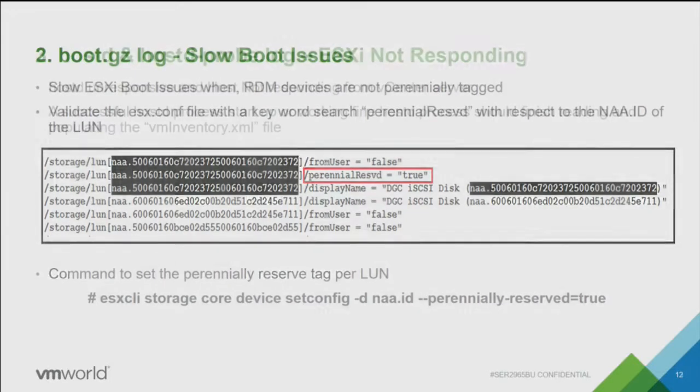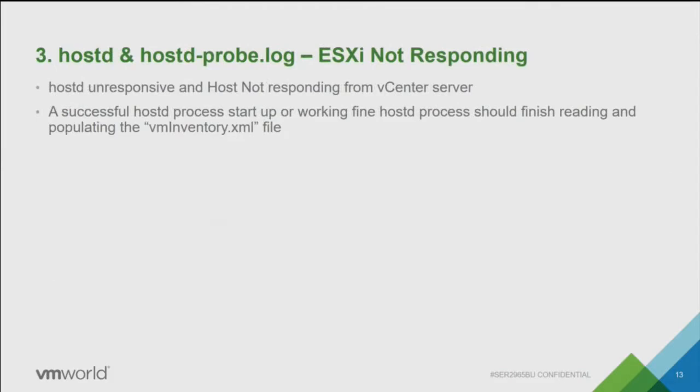So let's move on with the next issue. Let's say the host came up and the host is now not responding in your vCenter. So how do we even troubleshoot that? Before I go into the details, I want to touch base on the architecture which Raghav just showed.